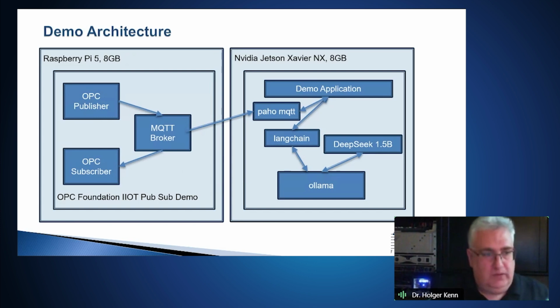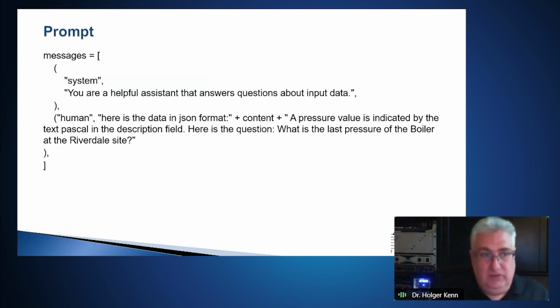Now, the important part is that, and you see that in the PubSub demo, the information that's sent to the MQTT broker is in an OPC-specific format. So it actually contains both metadata and the actual data from the simulated devices. And that's really something the AI models can make use of. So I create a very simple prompt.